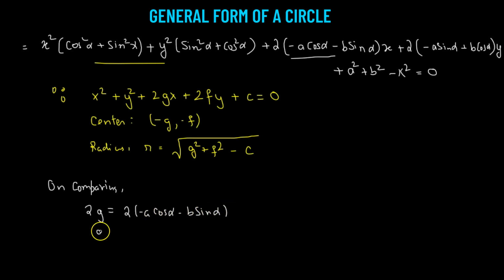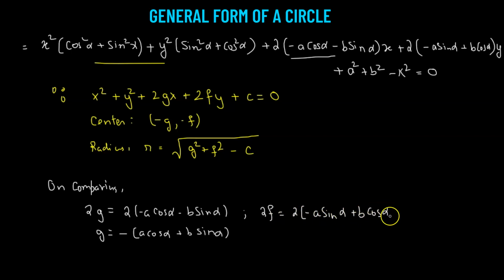Fine. So g comes out to be negative times a cosine alpha plus b sine alpha. Next, 2f will be equal to 2 times negative a sine alpha plus b cosine alpha. Fine. So f will be negative times a sine alpha minus b cosine alpha.